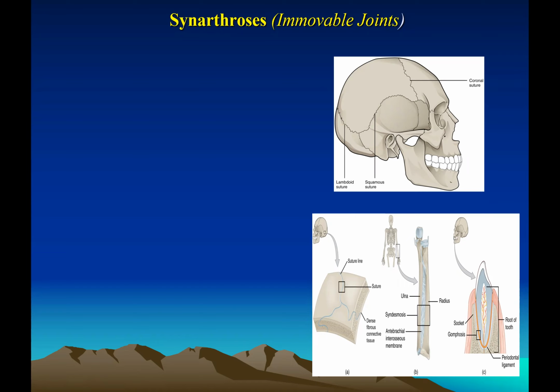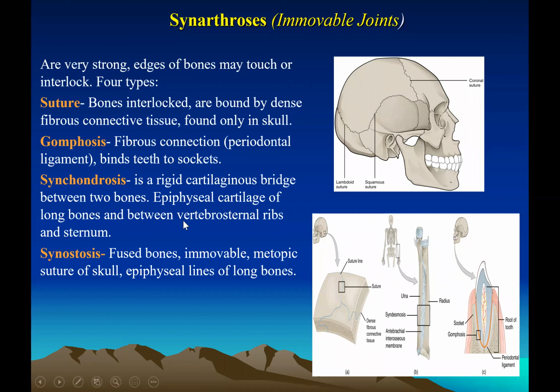Synchondrosis is a cartilaginous bridge between two bones. The epiphyseal cartilage of long bones and also between the sternum and the vertebral ribs are synchondroses. Synostosis is the fused bones or immovable joints.